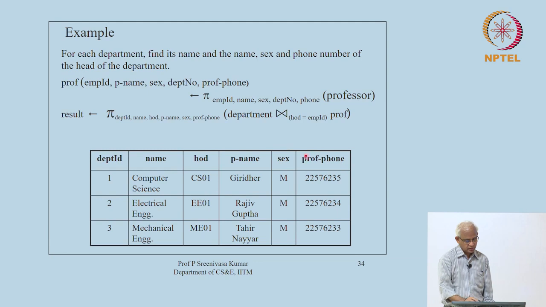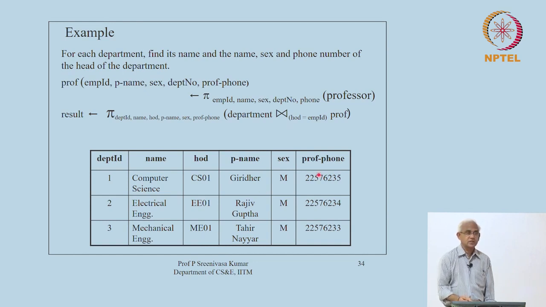So, we will project, even though we have just been asked name, the department ID also, so that we know the key of the department is there in the result. So department ID, name, HOD, P name for the name of the professor, and other details. That is the result.